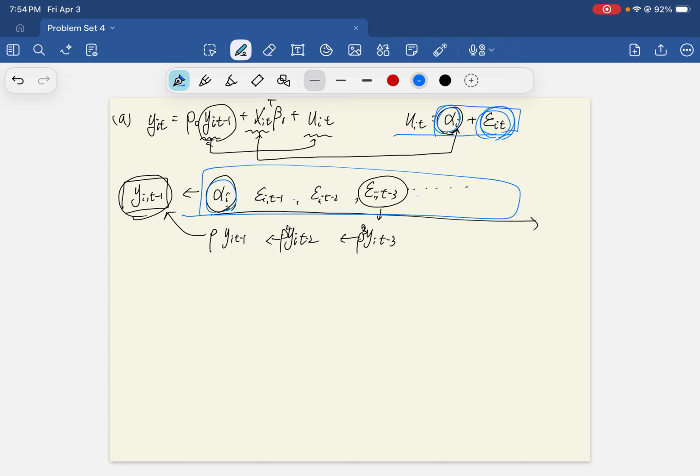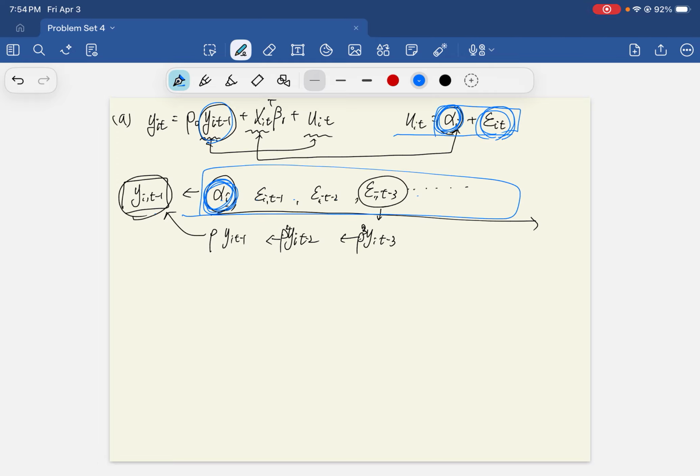But the problem is this alpha is correlated with this alpha. Alpha is entering in both the regressor and this error term. So alpha causes the endogeneity problem.